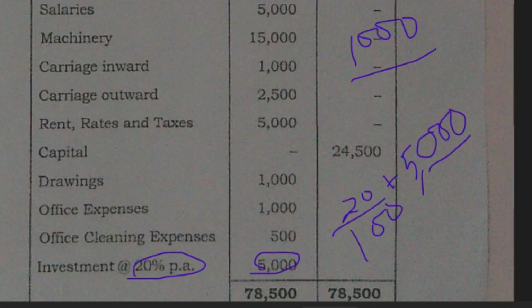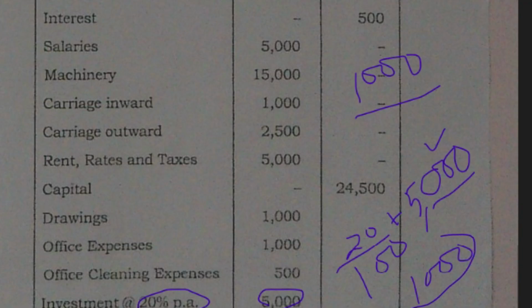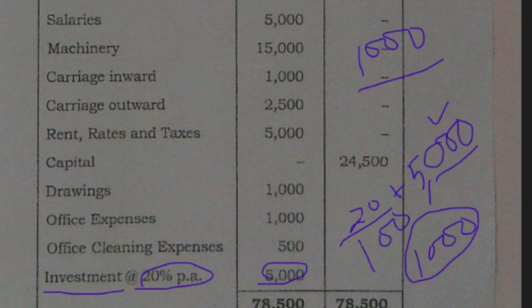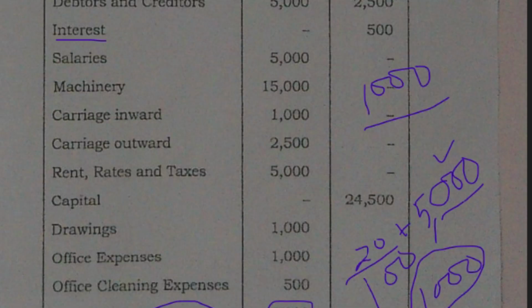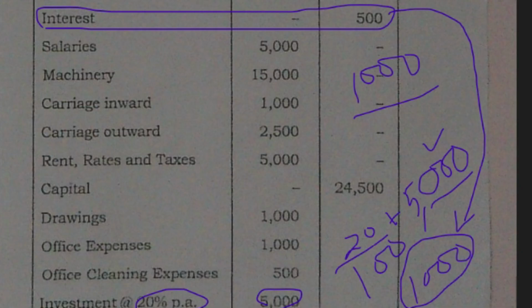That is the business income. He promised 20% interest per annum, 1,000, but out of 1,000 he has given only 500, and still 500 is outstanding, accrued, due.